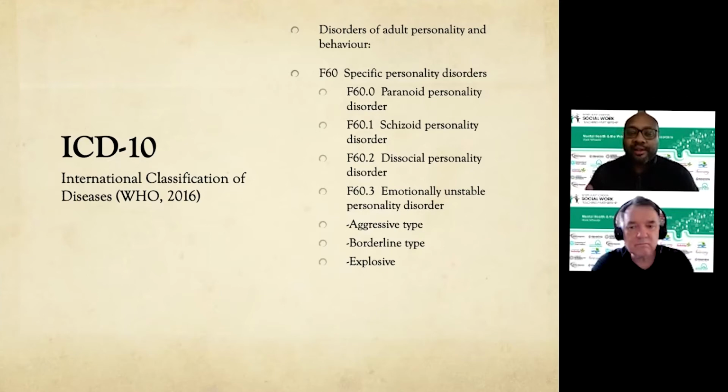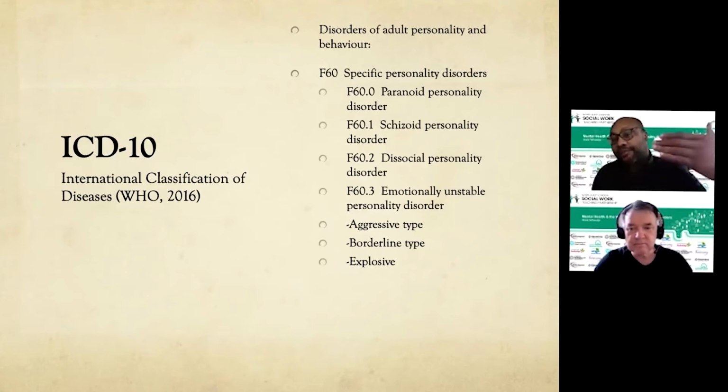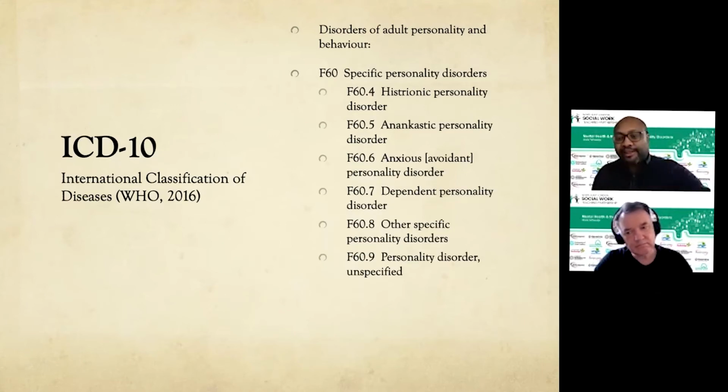So the idea that the ICD-10 was somewhat aligned with the DSM is really important, because while they weren't used interchangeably, there was a significant amount of overlap, and that is what is still commonly used in the UK, right? However, and again, these just go through the other disorders, the other labels.